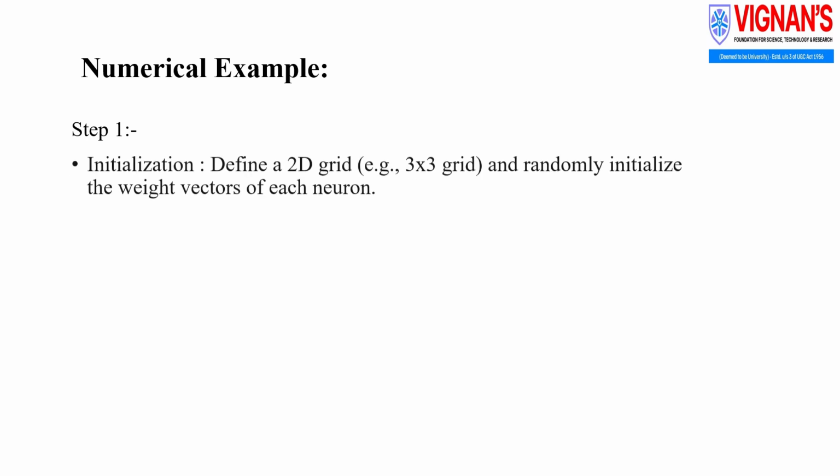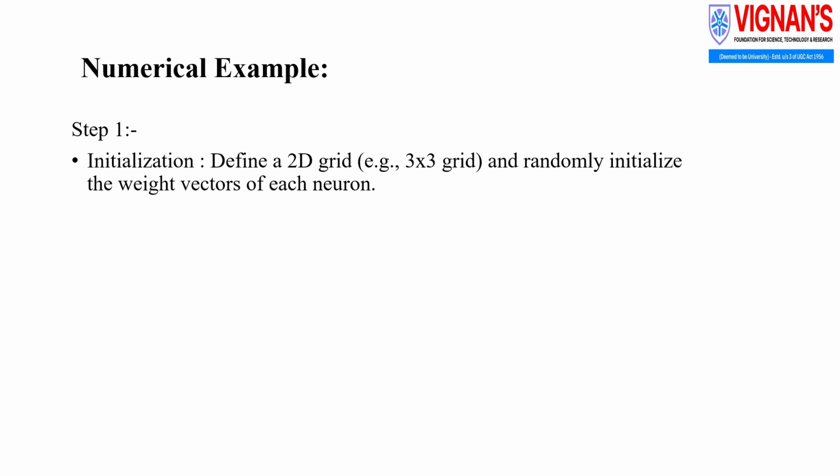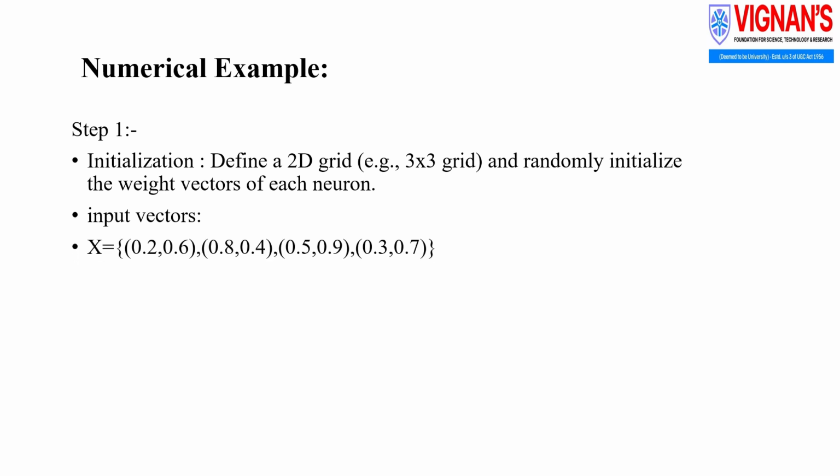Numerical example. In the first step of training a self-organizing map, we create a 2D grid of neurons, such as a 2x2 or 3x3 grid. Each neuron has a weight vector with the same number of dimensions as the input data. Given the input vectors, x equals (0.2, 0.6), (0.8, 0.4), (0.5, 0.9), (0.3, 0.7).